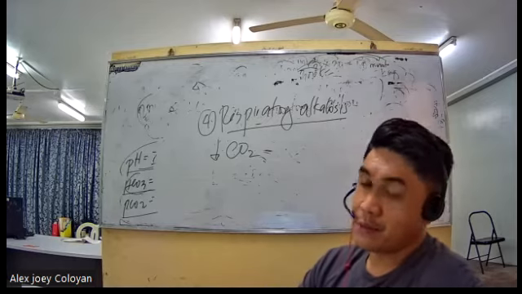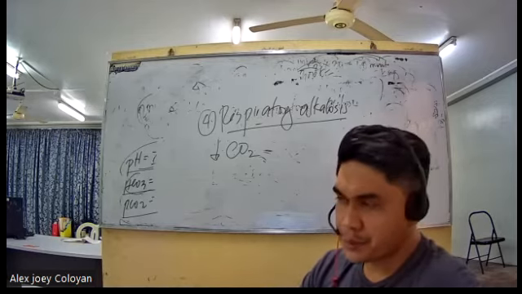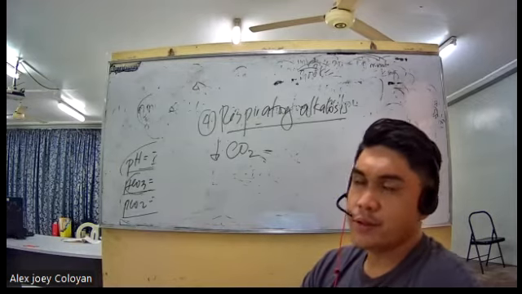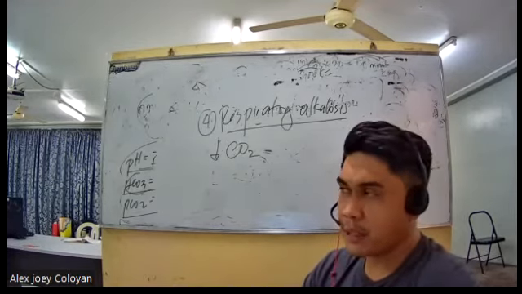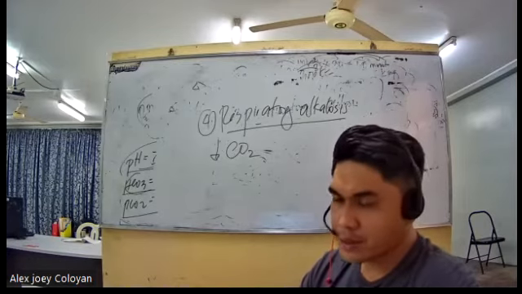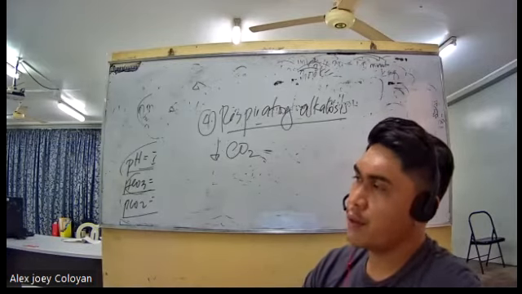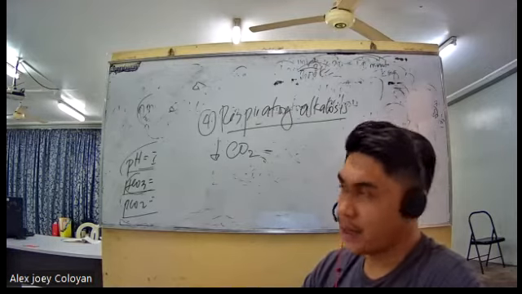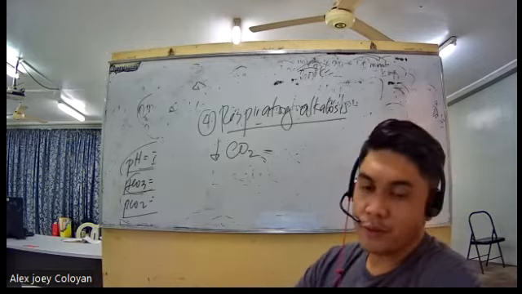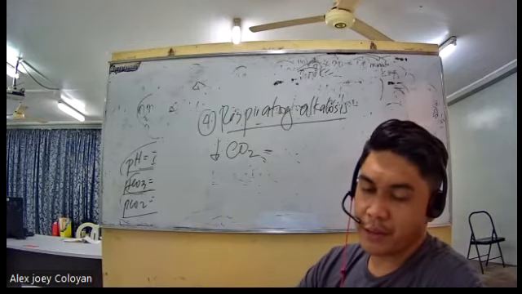So you should convince your patient that the procedure is not that painful so that they don't get stressed, because once stressed there's a possibility of hyperventilation. And once there's hyperventilation, your blood gas analysis is affected. Okay? So that is respiratory alkalosis.